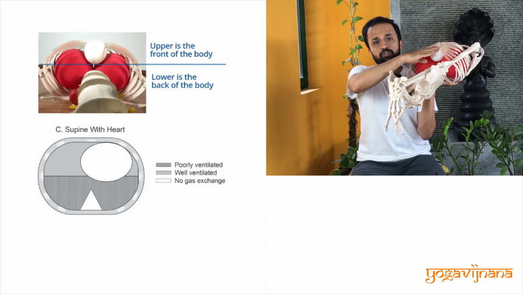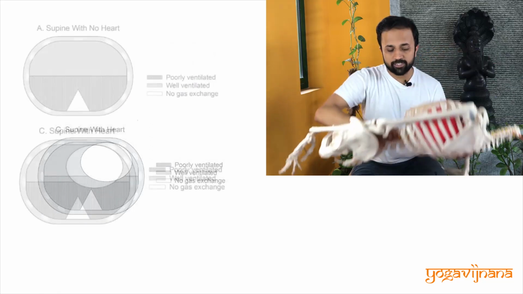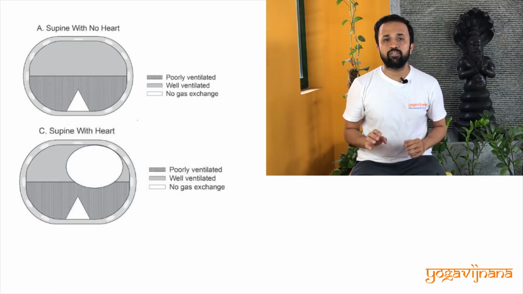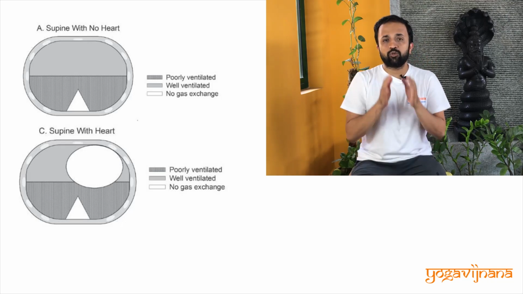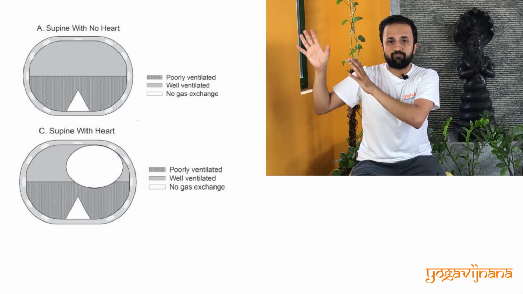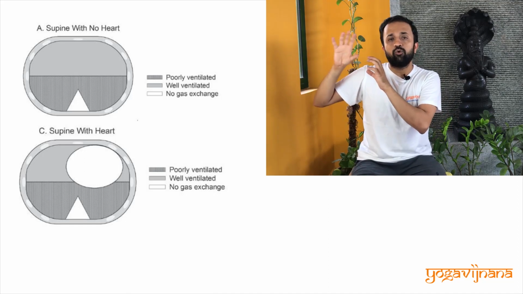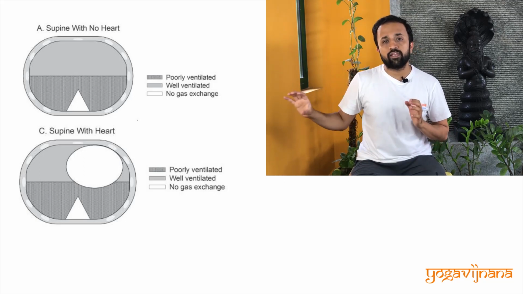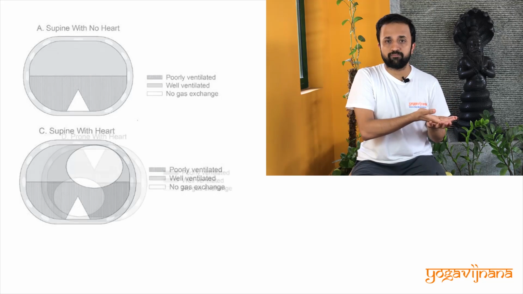With this hole, you can now compare and notice which part of your lungs is better oxygenated. It's only part of the upper part, not the entire upper area like in the earlier one. With the heart in place, only some partial portion of the upper area is ventilated, whereas the lower area is not ventilated because of the pressure coming on it.